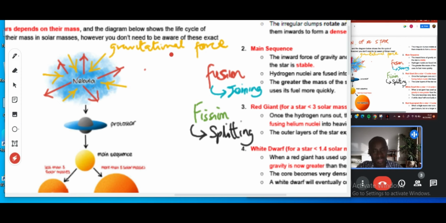Heat is generated, energy is released, so there's also a force. While the yellow one, gravity, is pushing inwards, the red one, produced as a result of fusion, is pushing outwards. Does it make sense? So I said the red one is produced by fusion. Outward force produced by fusion.